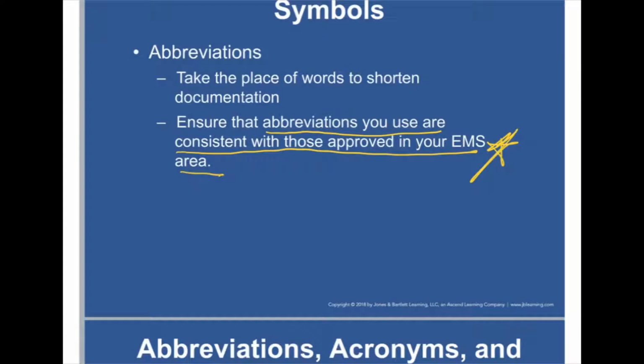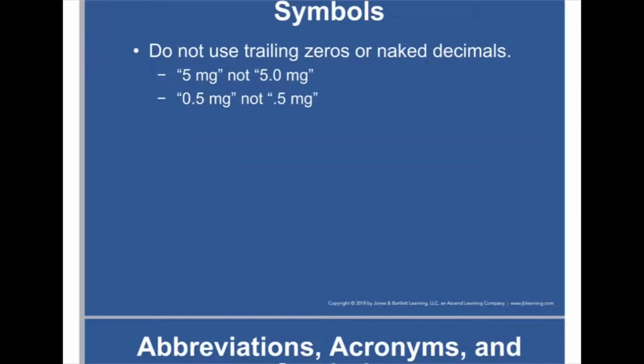And if you do use something on that Joint Commission prohibited list, you may end up confusing the hospital with what you mean, because if they haven't been using it, chances are they're not going to be familiar with it. Another big rule is to never use a naked decimal or trailing zeros.